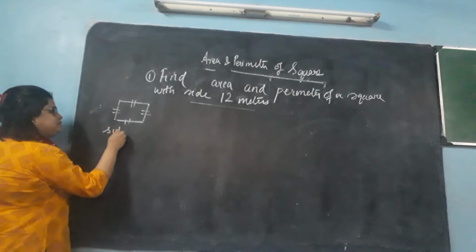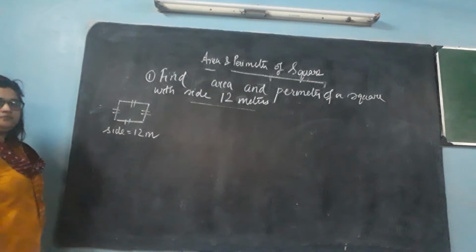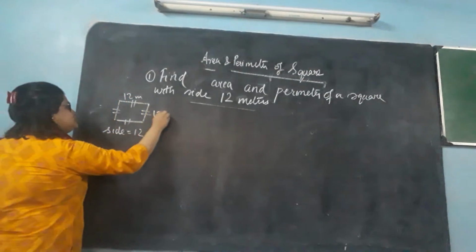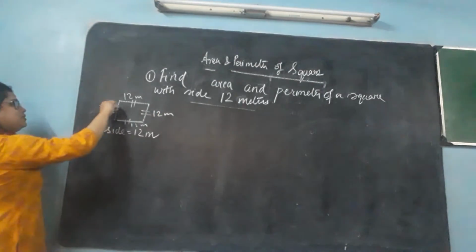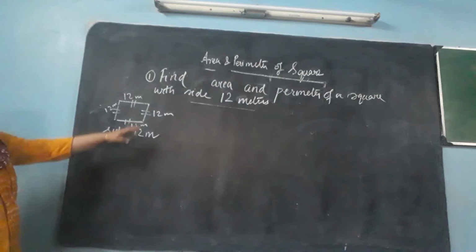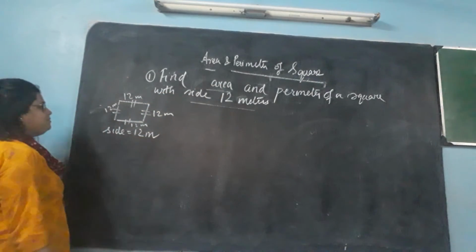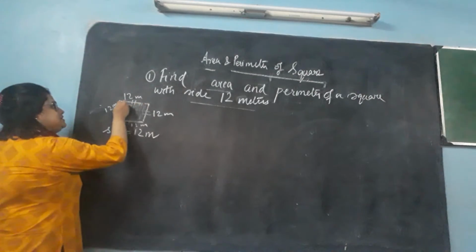Side equals 12 meters. That means all the sides of the square measure 12 meters. The first question is to find the area. Area means how much space or surface is inside the figure.